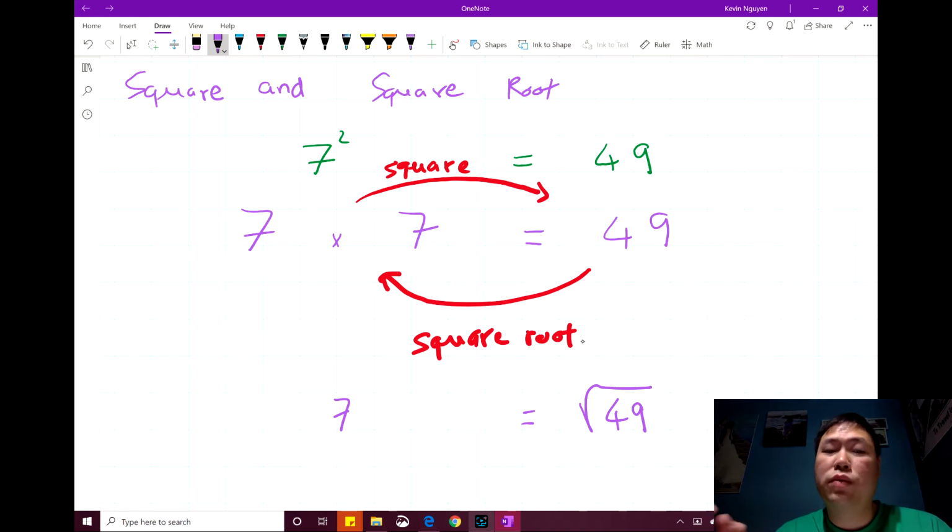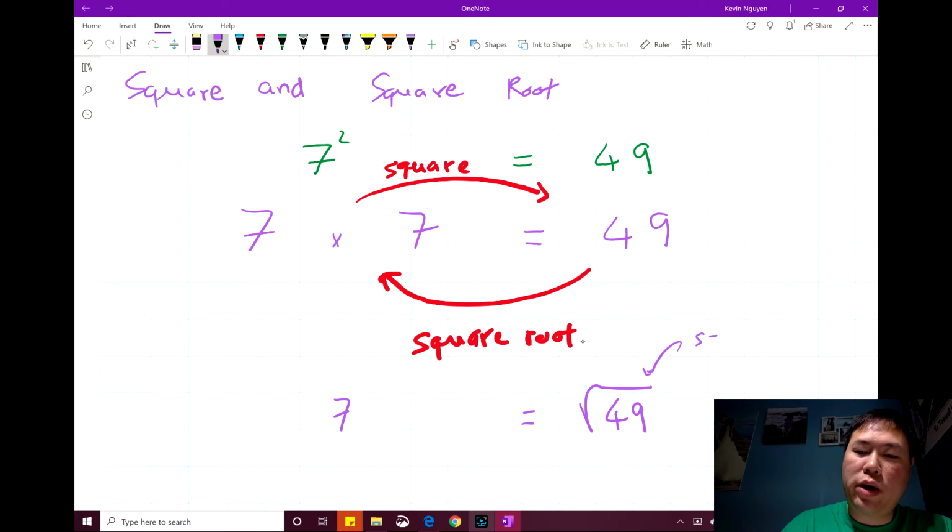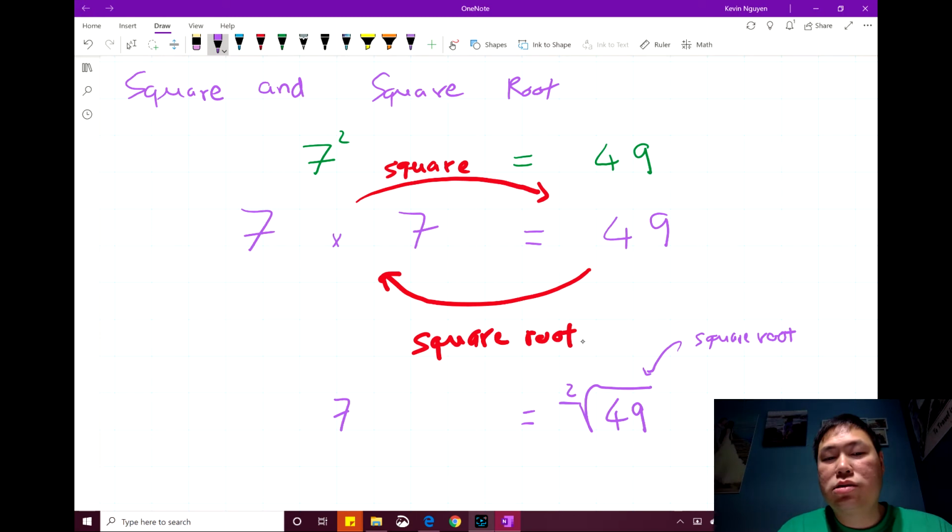And again, this sign is called the square root sign. Some people might put a 2 here. It's not very common, but you could put a 2 here, saying, what are two numbers exactly the same that are multiplied together to get 49, and 7 is the only one there.